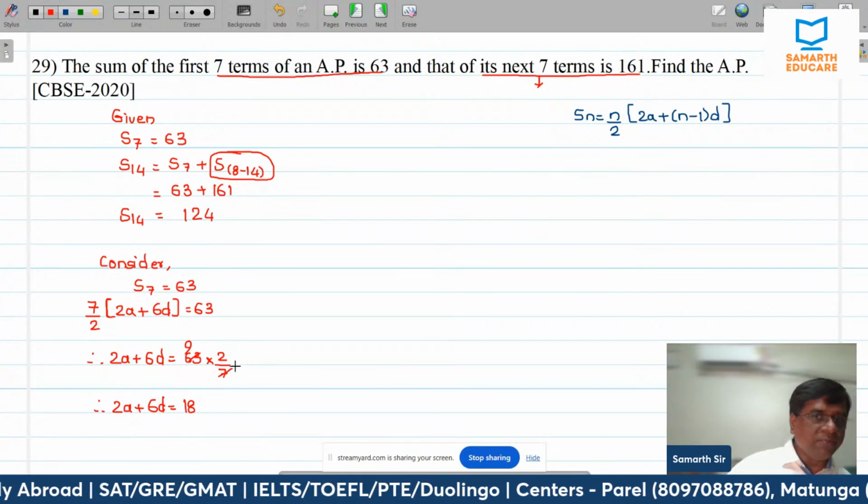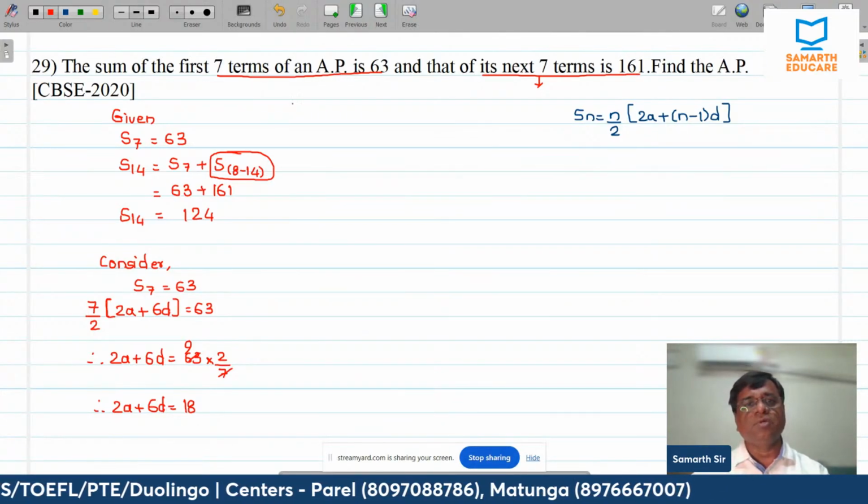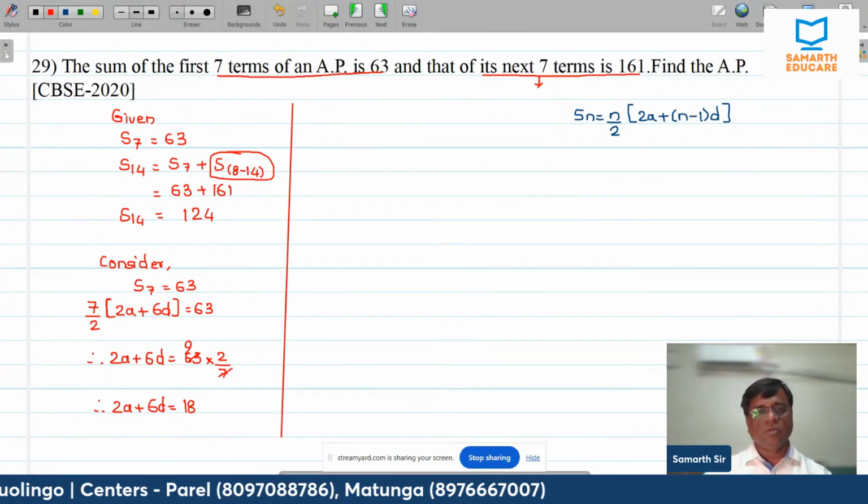This can be divided by 2, but let us wait for some time. Let me do the next part first.